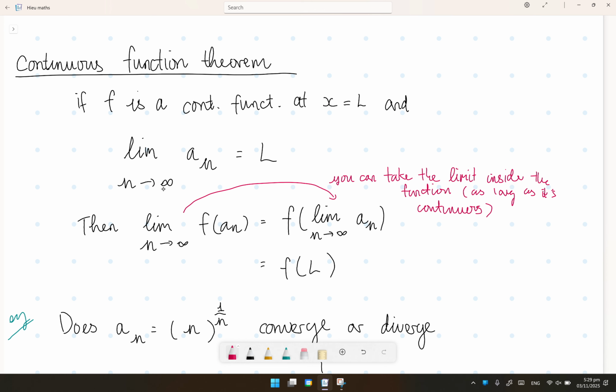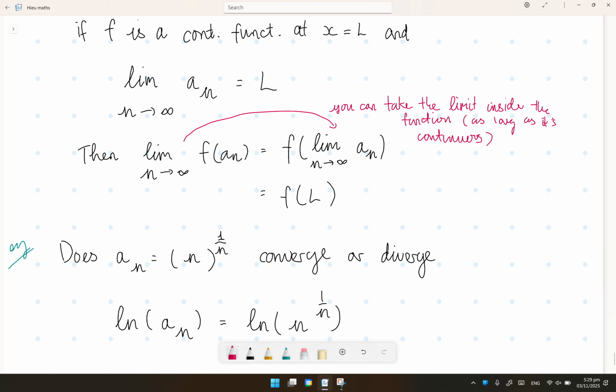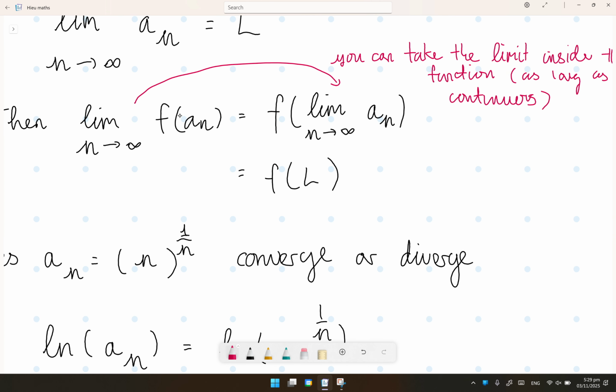If the infinite term of the sequence is L, and f is continuous at x equals L, then we can do this limit trick: for any function of that term, you can put the limit inside the function like this.